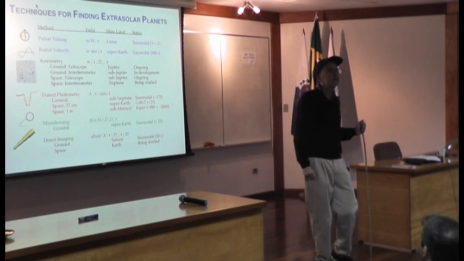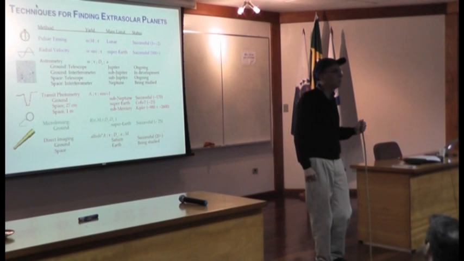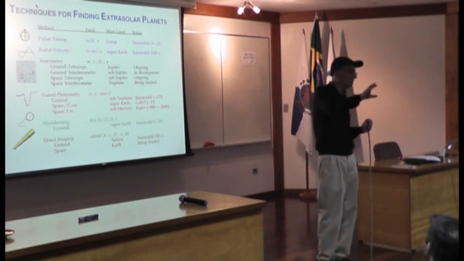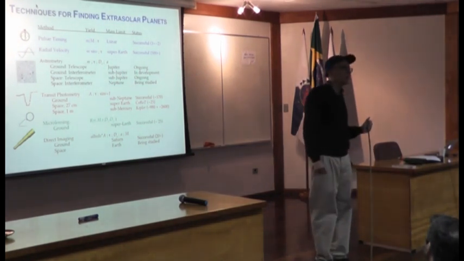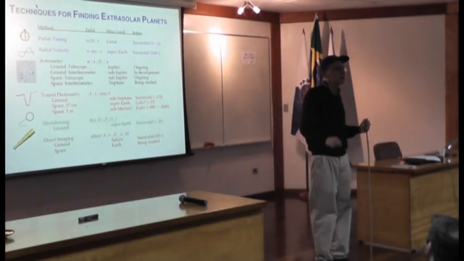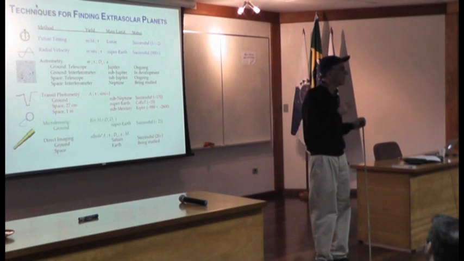And when this type of lensing event is seen, people from all over the southern hemisphere start looking at that one target and trying to do very precise, very high cadence observations.